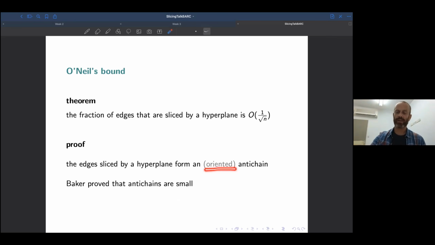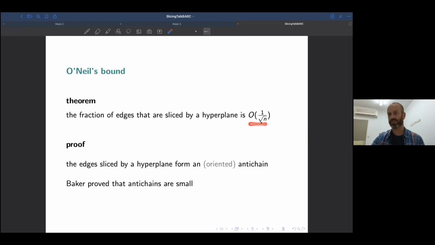Now there is the sign pattern, which is not important. The sign does not change the validity, so you can ignore the sign pattern. And then he says Baker proved that the size of any antichain of edges is small.